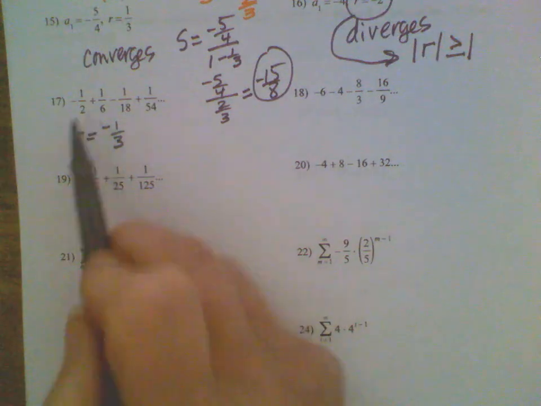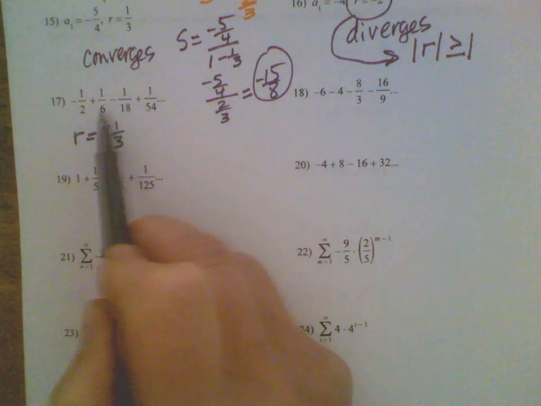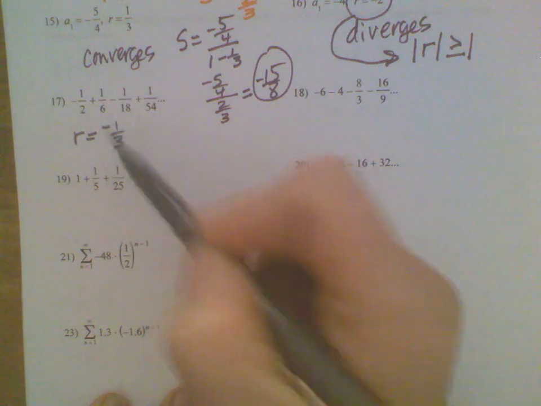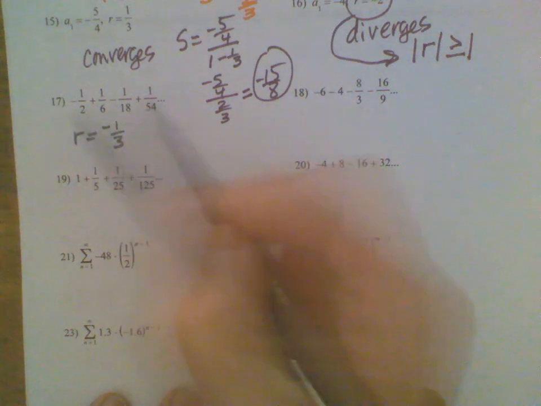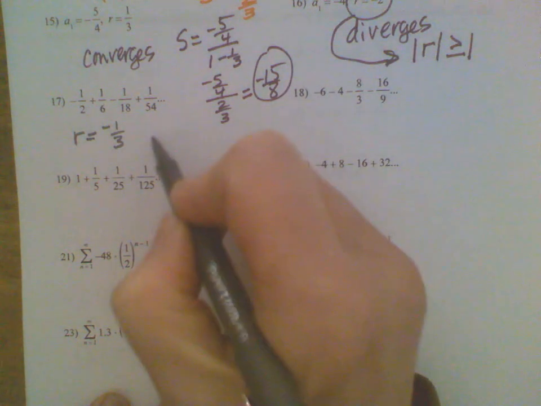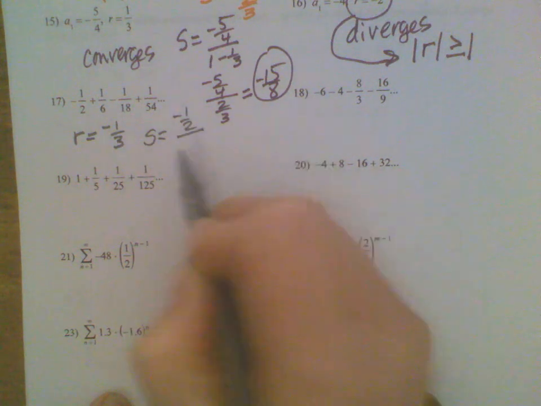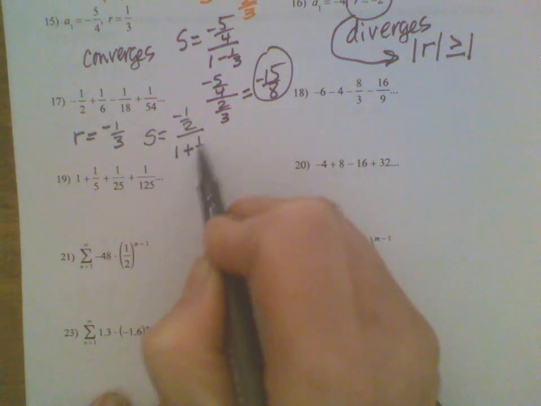So this is geometric, and that works. It's times 3 in the denominator all the time, and so times 1 in the numerator all the time. So R is the right size. It is geometric, so it converges to the sum. The sum is the first term, negative 1/2, over 1 minus negative 1/3.